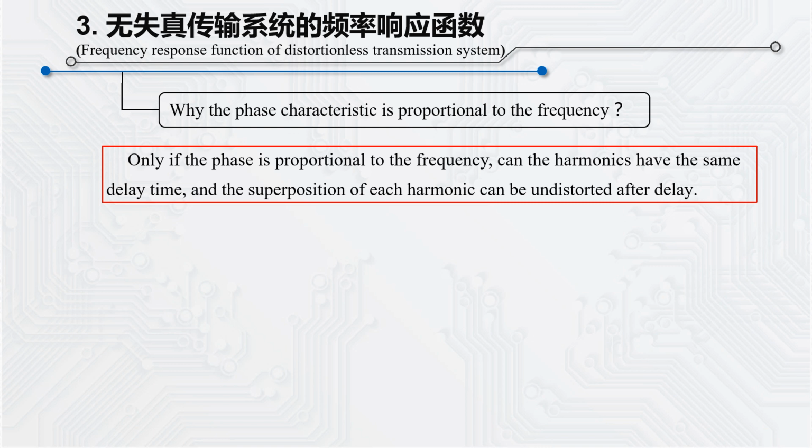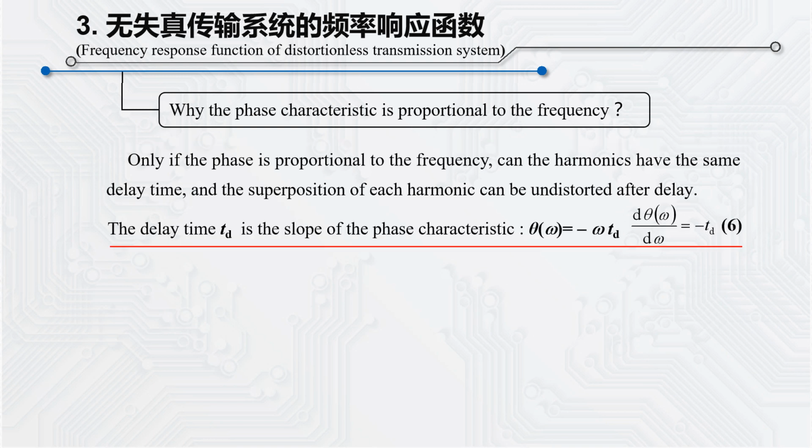Only when the phase is proportional to the frequency can each harmonic have the same delay time. That is to say, only when the delay time of each harmonic is the same can the superposition of each harmonic be undistorted. The delay time Td is the slope of the phase characteristic, as shown in Formula 6.